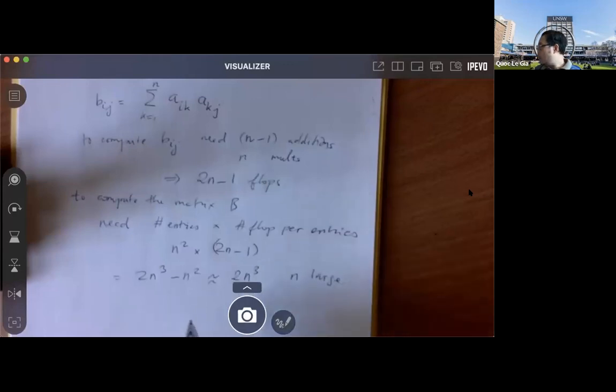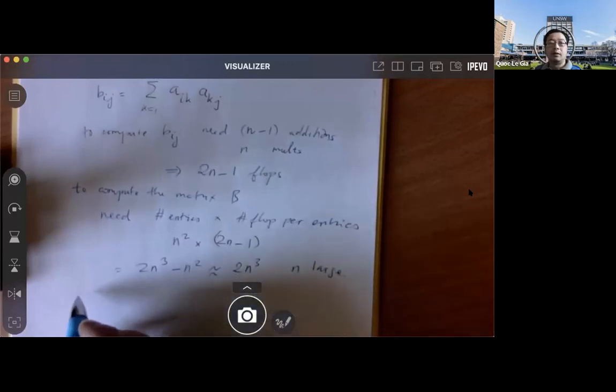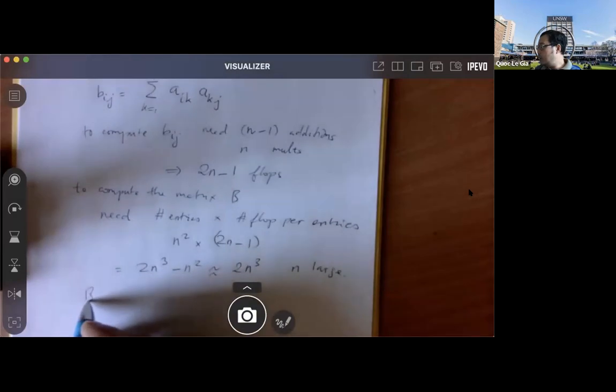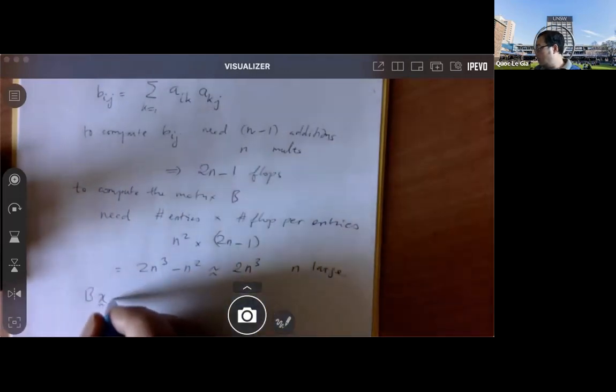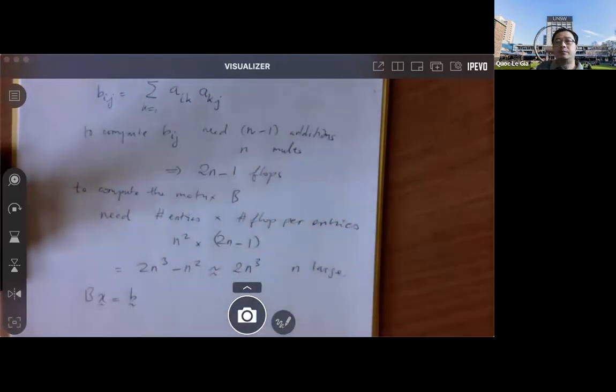And then now when you have the matrix B, you need to solve Bx equal little b, right?